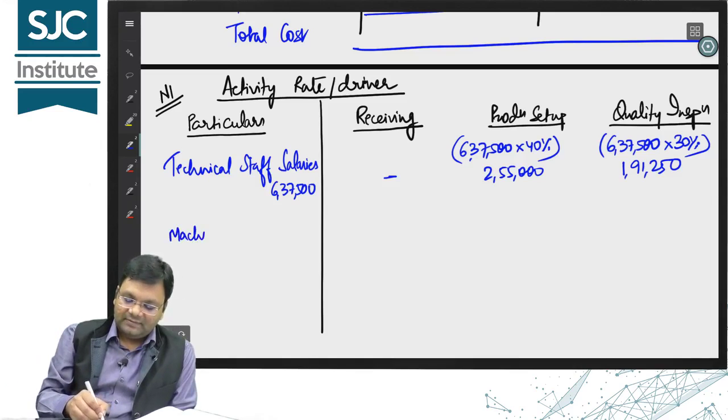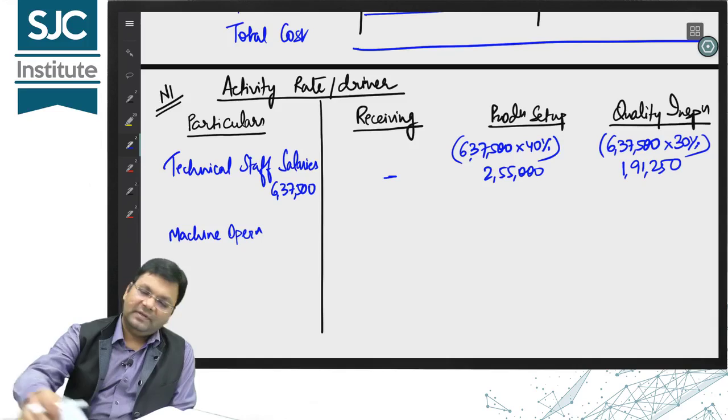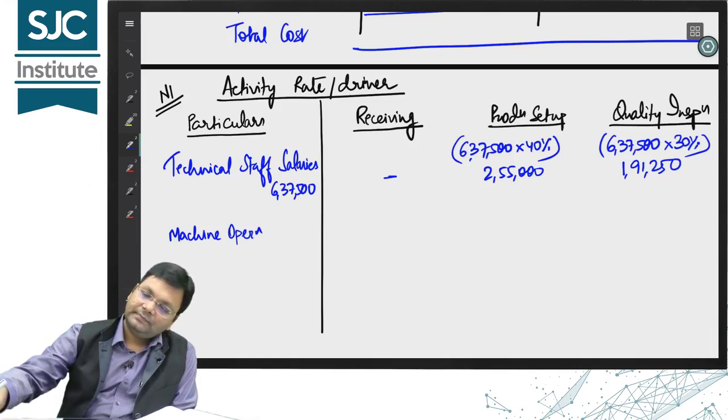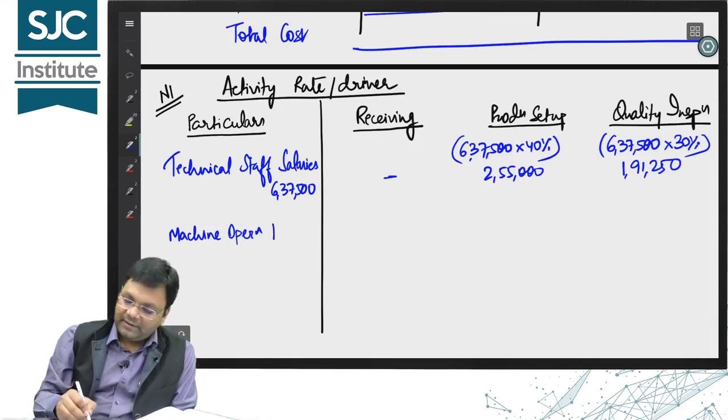So after this we have machine operation, the cost of this machine operation is 10,12,500. Then we have machine maintenance.